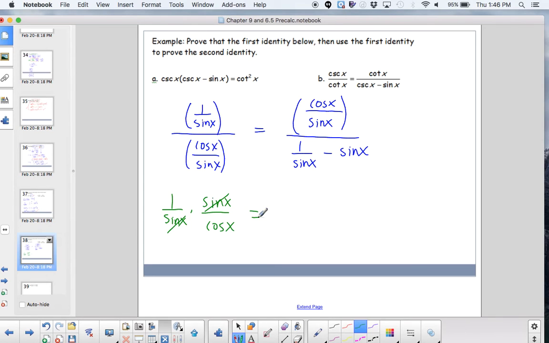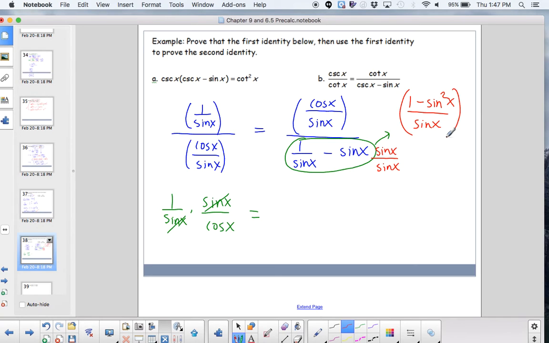And on the other side, if I'm going to rewrite that, then I first need to do a little work to it. I need to get a common denominator, which in this case would be sine x. So I'm going to multiply by sine x over sine x. And when I do that, I'll have a common denominator of sine x, and then I would have 1 minus sine squared x in the numerator.